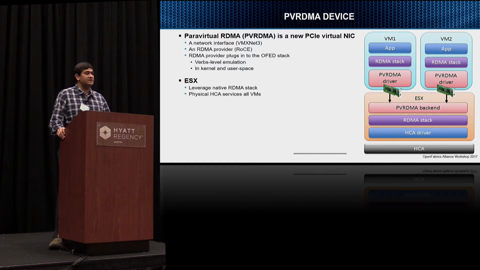The ESX hypervisor has its own native RDMA stack, which allows it to interact with different HCA devices, and also helps our PVRDMA backend service all the virtual machines using a single HCA.